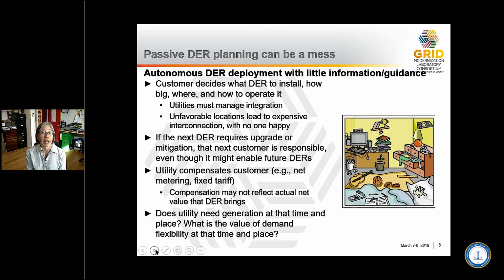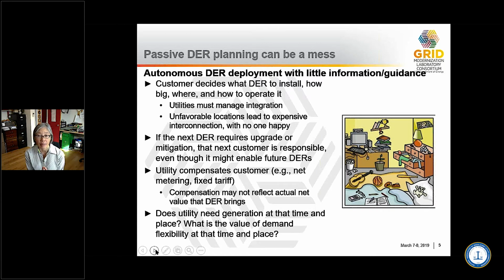The utilities have to manage the integration of the DER, and if the interconnection is difficult, the location perhaps is not a good location, it may be an expensive interconnection. In the end, no one might be happy with the whole process.